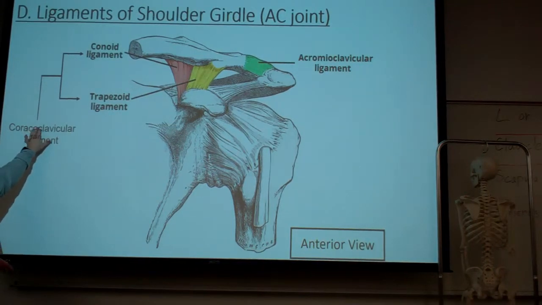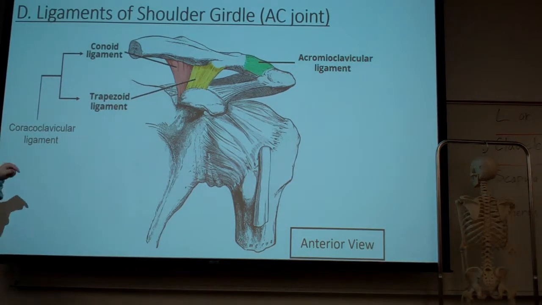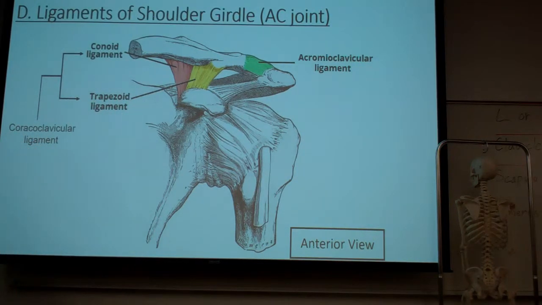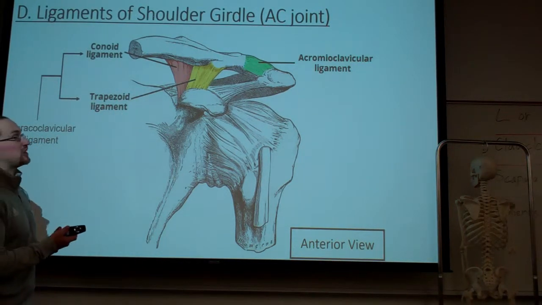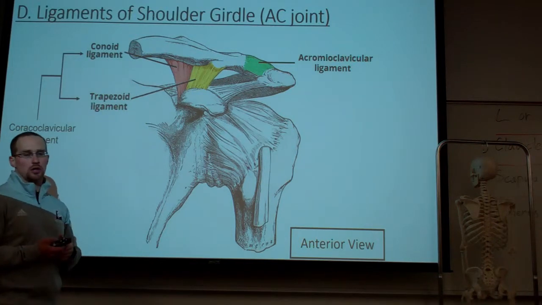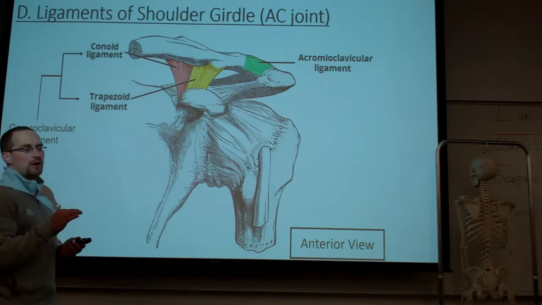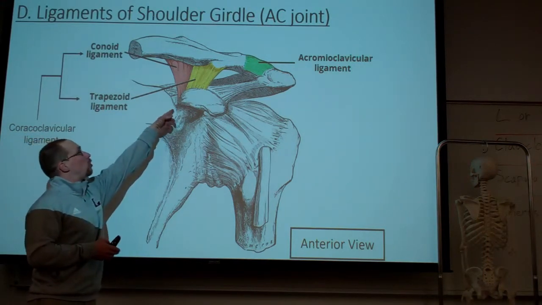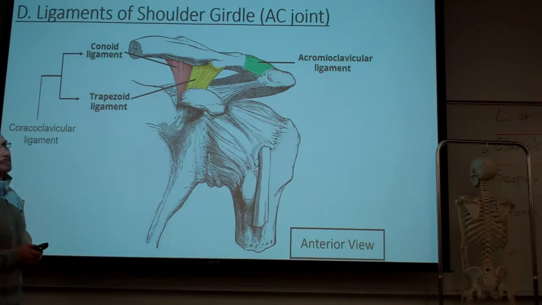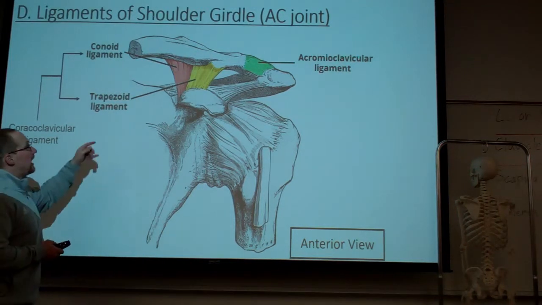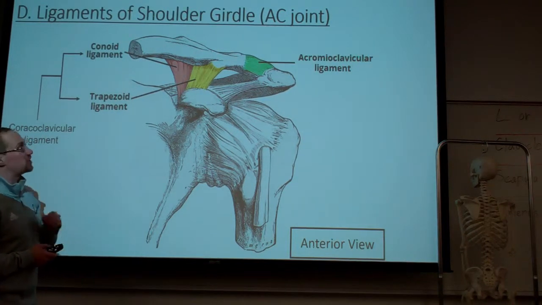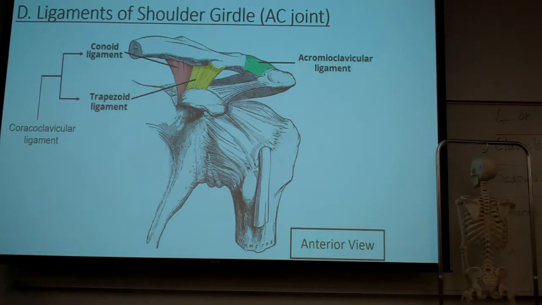And this ligament specifically is made up of two smaller ligaments. One, in red, is the conoid ligament. That ligament attaches at the conoid tubercle, a little small bump on your clavicle, and it also attaches at the coracoid process. Then we also have the trapezoid ligament in yellow. It's trapezoid because of its shape, four-sided shape there.